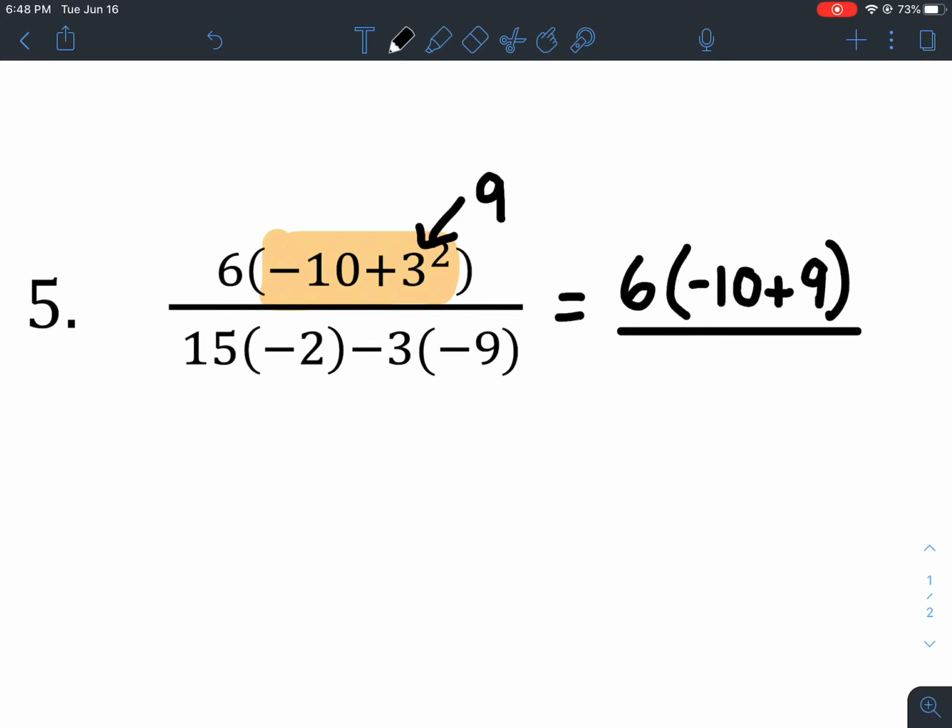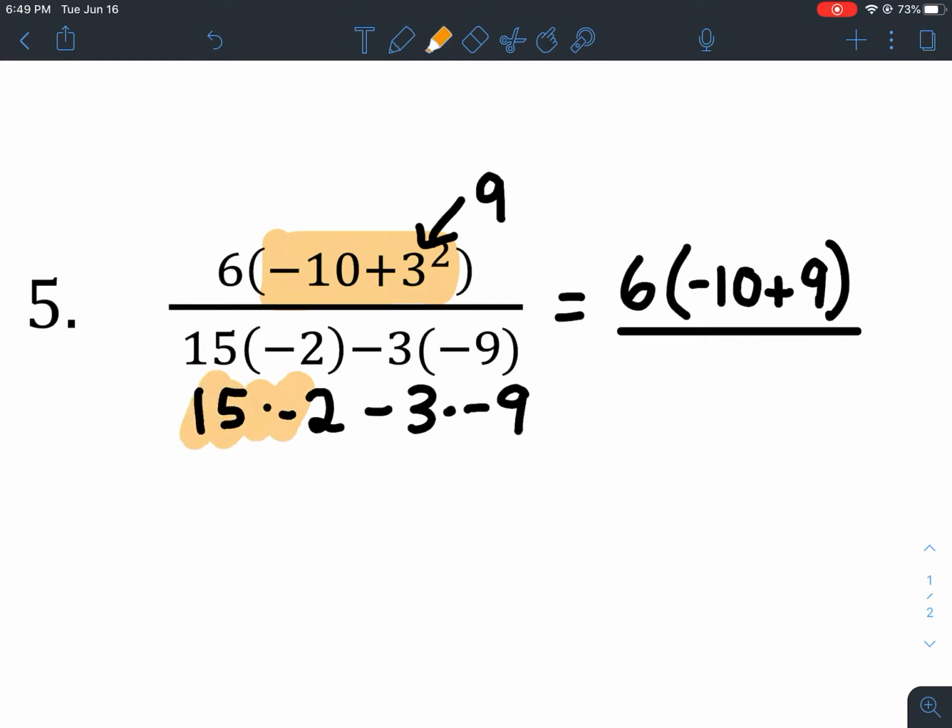Okay, on the bottom, I do see 2 sets of parentheses, but there's nothing going on inside of these parentheses. Therefore, they're just acting as multiplication. So we really just have 15 times negative 2 minus 3 times negative 9. We always do multiplication before subtraction, so I'm going to do my multiplication first.